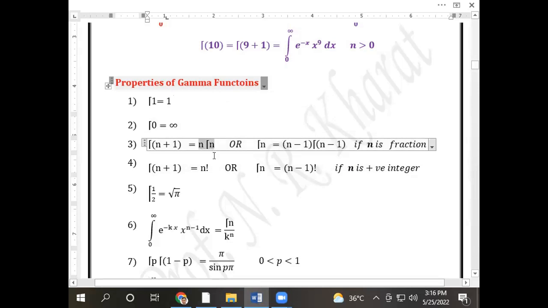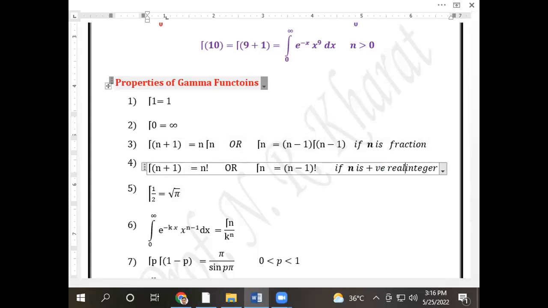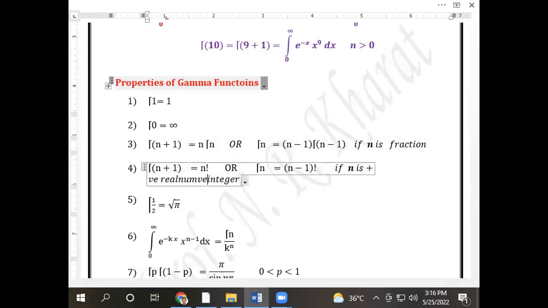In a similar way, when we change the value of n plus 1 in terms of n, gamma of n is equal to n minus 1 times gamma of n minus 1, where n is a positive integer. Then we can find the value of gamma with the help of this formula. Again, in a similar way, gamma of n plus 1 is equal to n factorial, or gamma of n is equal to n minus 1 factorial, if n is a positive integer.